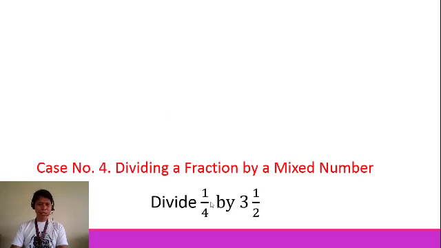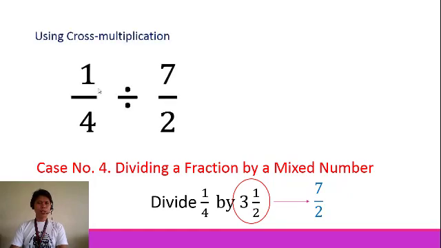Like for example, 1/4 divided by 3 and 1/2. So the first thing that we are going to do is we change this into an improper fraction. So how to change? 3 times 2 is equal to 6 plus 1 is equal to 7, and then just copy the denominator 2. So 3 and 1/2 becomes 7 over 2.